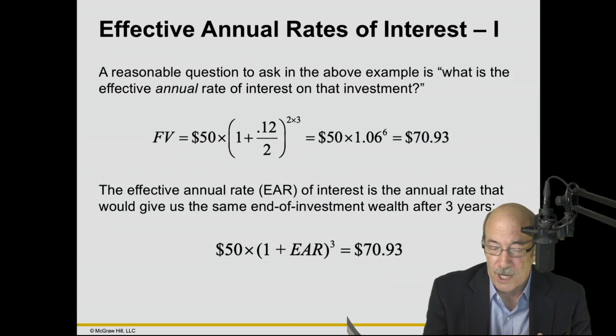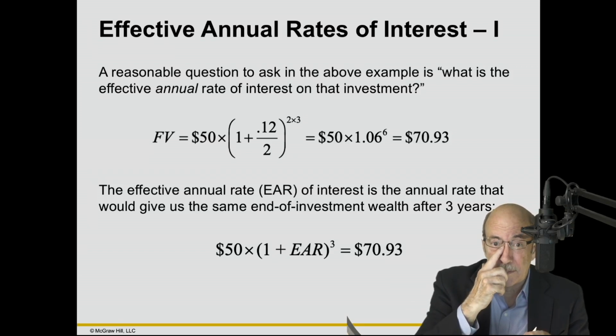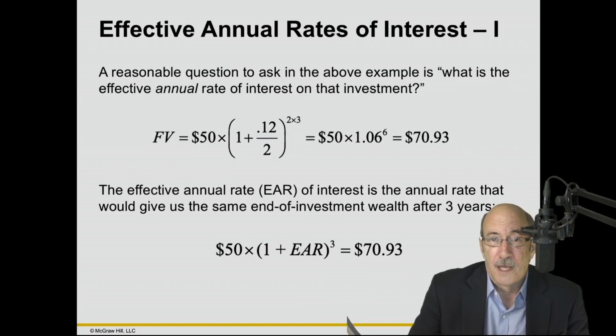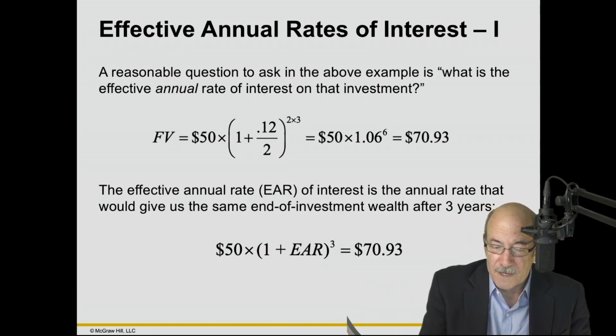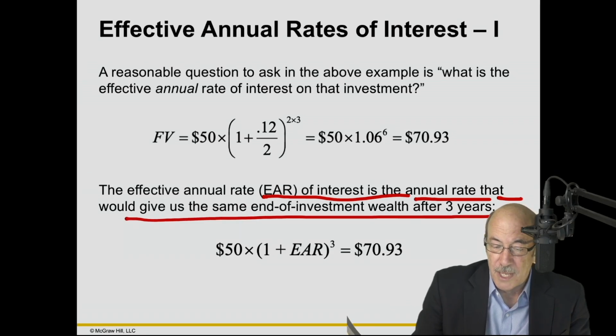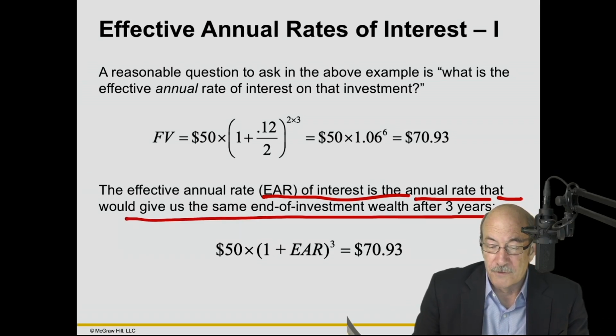We can figure out what the effective annual rate is of anything by reverse engineering this. The effective annual rate of interest is the annual rate that would give us the same end of investment wealth after 3 years.